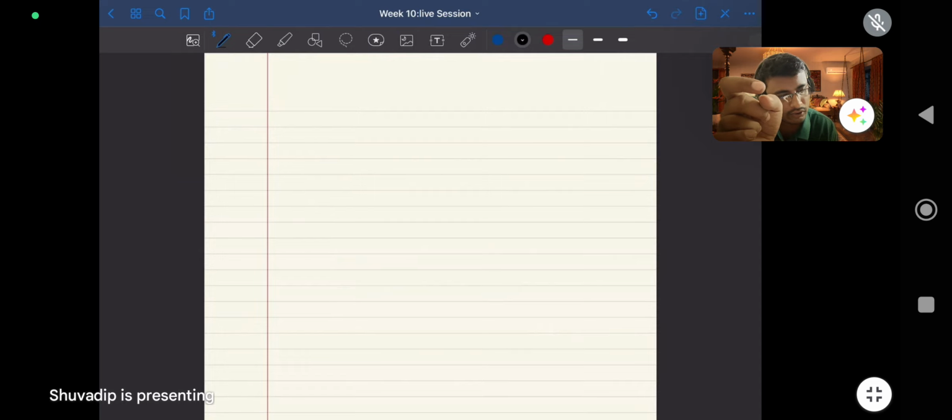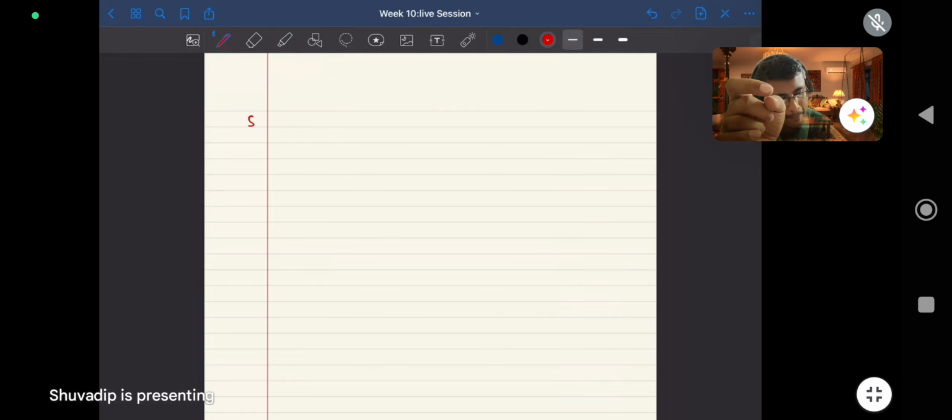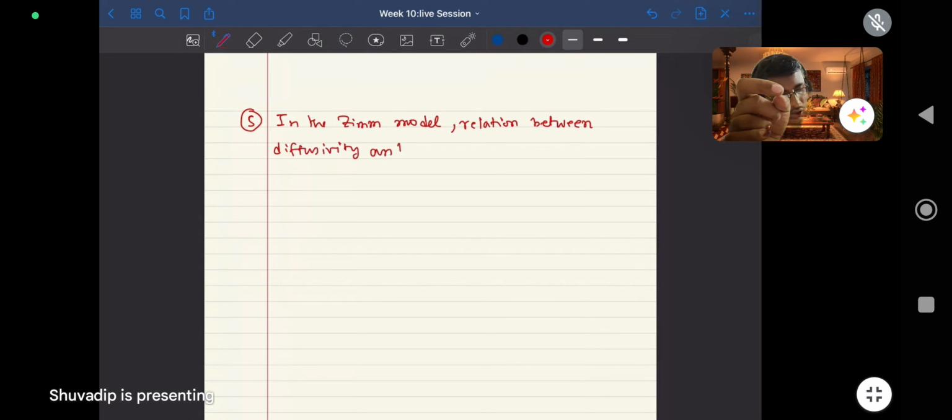So then the next question, question number 5. In the Zimm model, the relation between diffusivity and number of segments is.